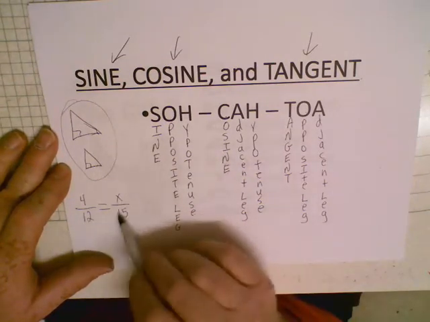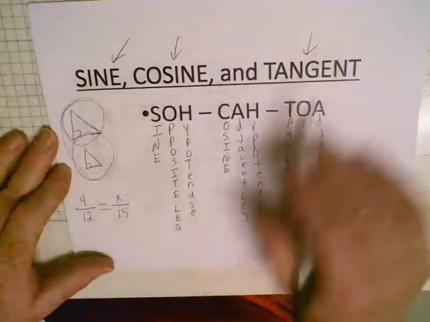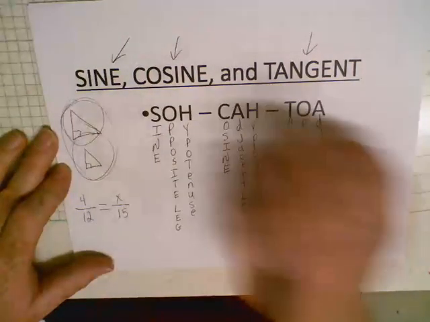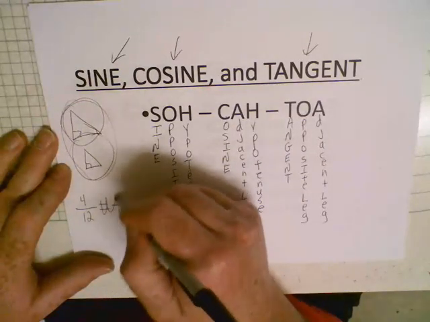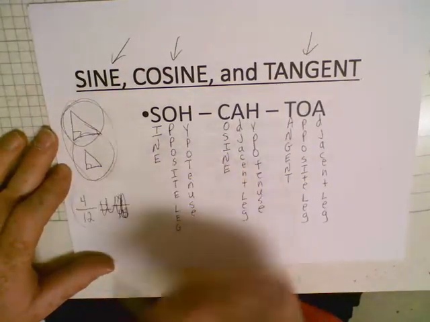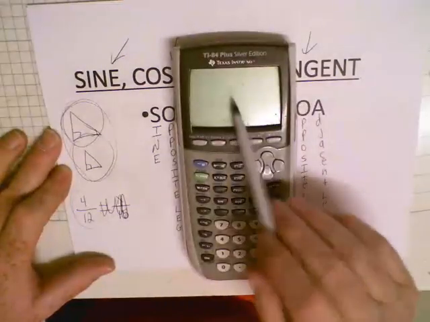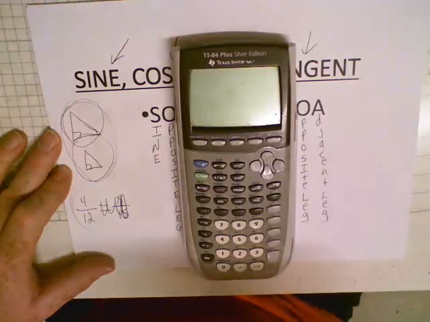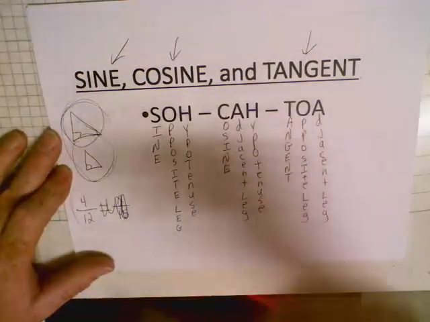When we were matching up the sides with similar triangles, you were saying 4 matched up to 12, the same as X matched up to 15 or whatever. Now they're saying, if it's a right triangle, and these trig ratios only work for right triangles, then we don't need both, because we can use the basic ideas already implanted in this calculator and on a chart that I'm going to show you in a little while to set up equations.